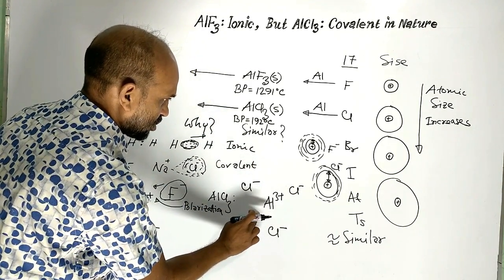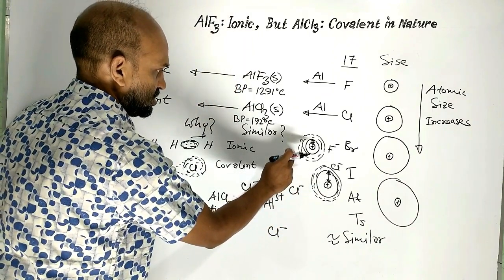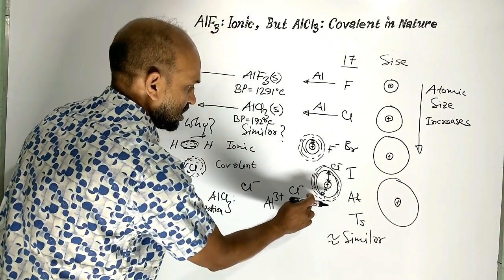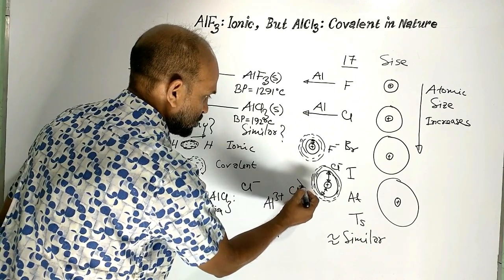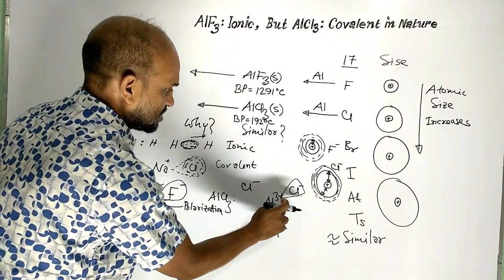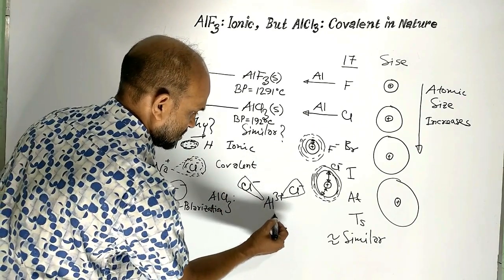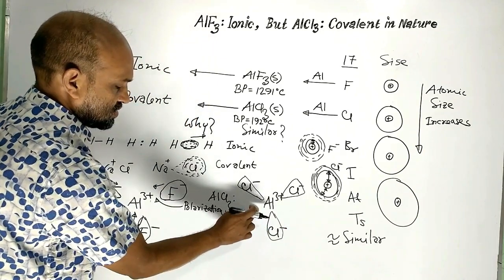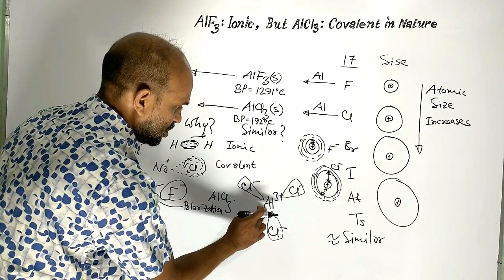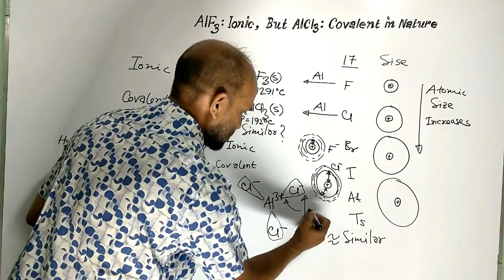But in case of aluminum chloride, we know the chloride ion is bigger in size compared to the fluoride ion. And here, the electron cloud is loosely bonded to the nucleus because of this higher distance. For this reason, in case of aluminum chloride, polarization occurs to a great extent. The electron cloud moves to the aluminum 3 plus ion to a great extent. That is, high polarization occurs.